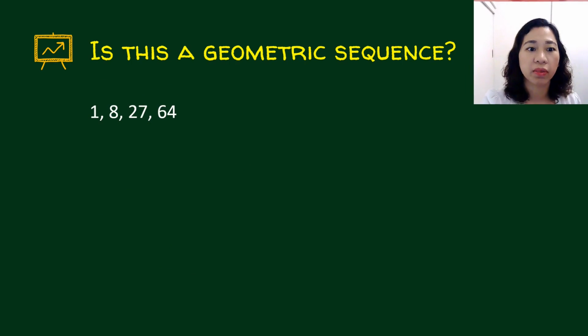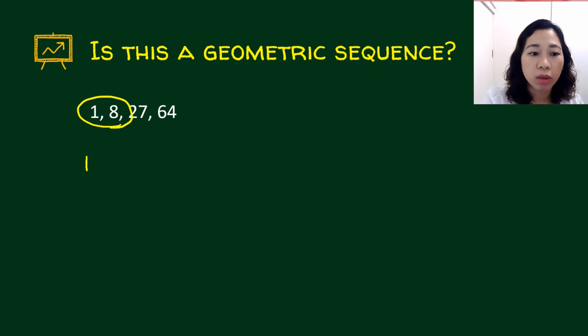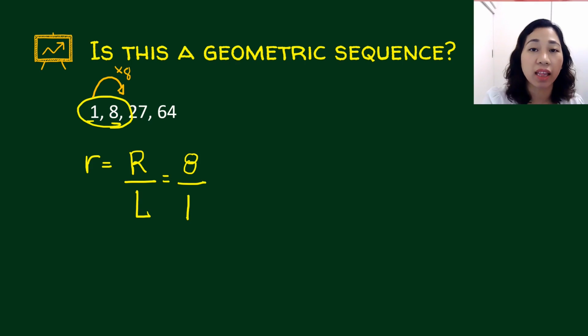Next, we have 1, 8, 27, and 64. So is this a geometric sequence? I will look at my first two terms, 1 and 8. I will check my right term over left term. My right term is 8, my left term is 1. So this is saying that from 1 to 8, I multiplied by 8.